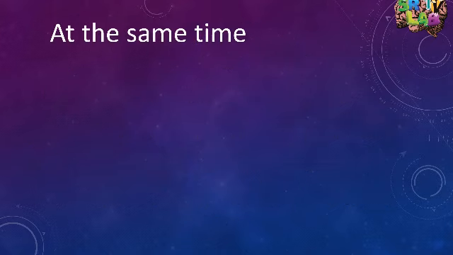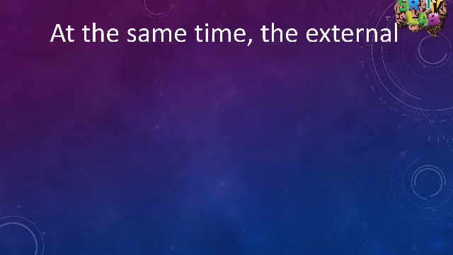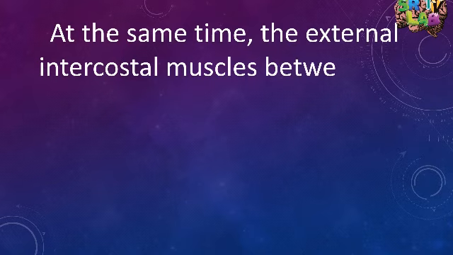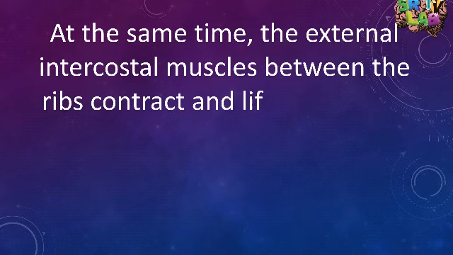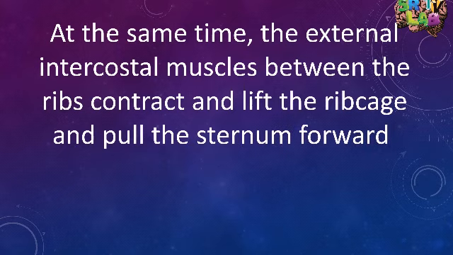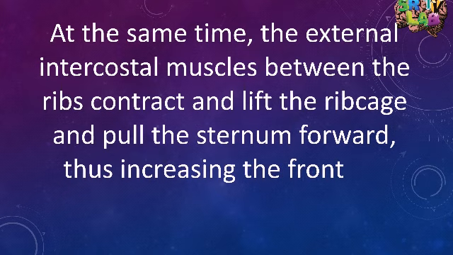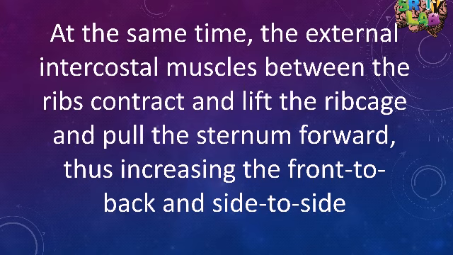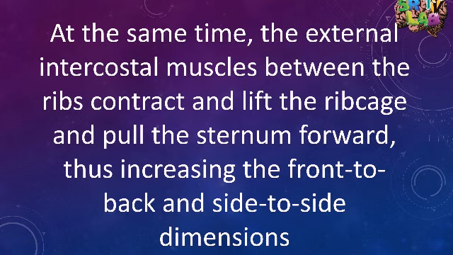At the same time, the external intercostals, those are the muscles between the ribs, contract and lift the rib cage and pull the sternum forward, thus increasing the front to back and side to side dimension of the chest.